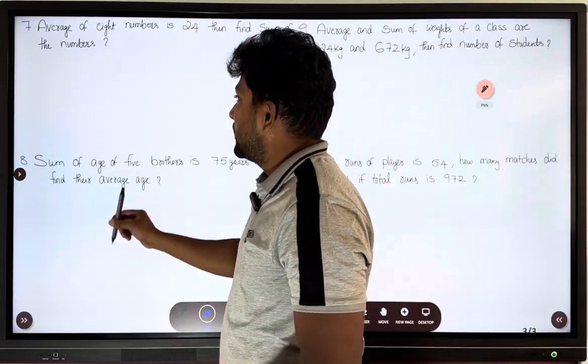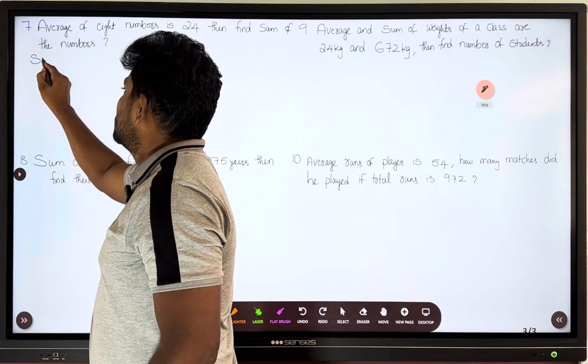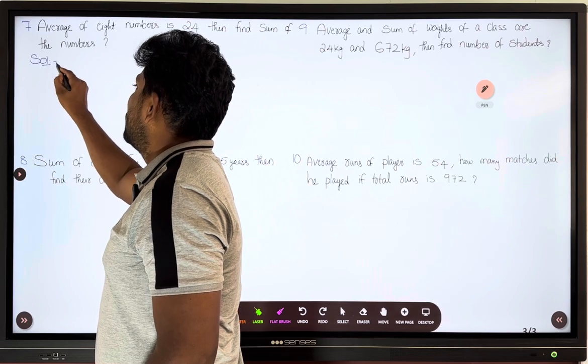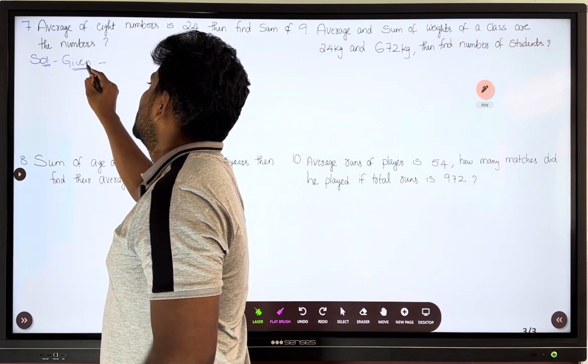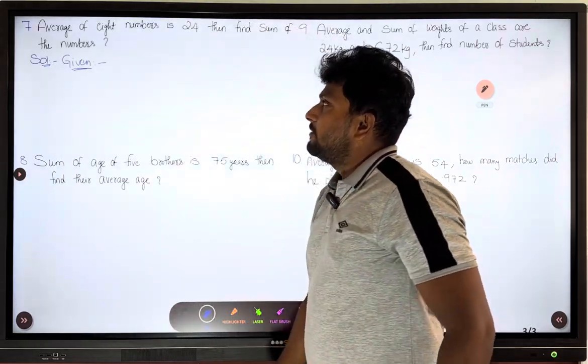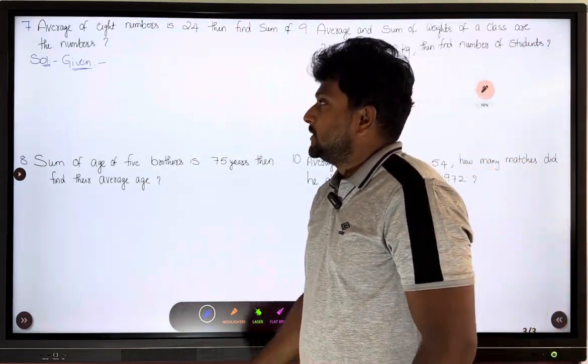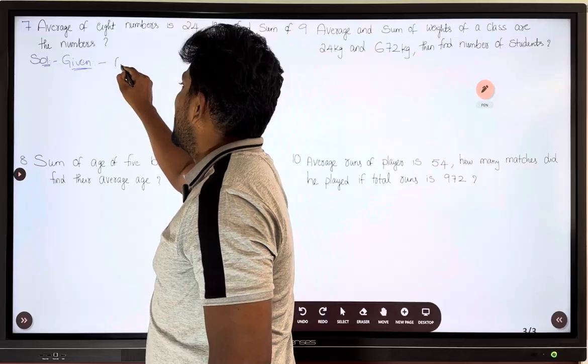First of all, we need to write the given data. Whatever they have given, we need to mention here. They have given the average of 8 numbers. What is the average?